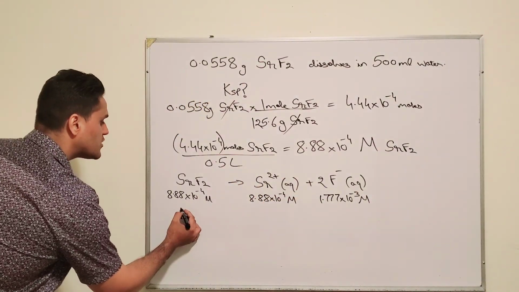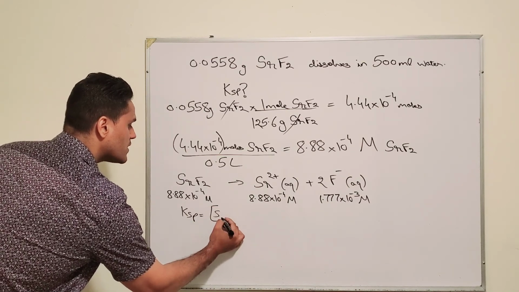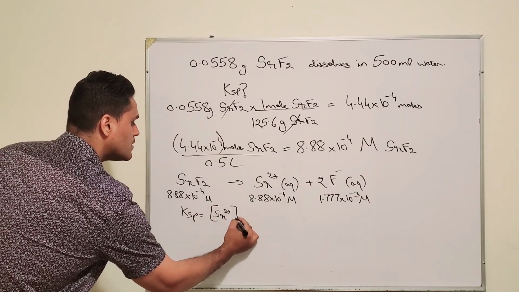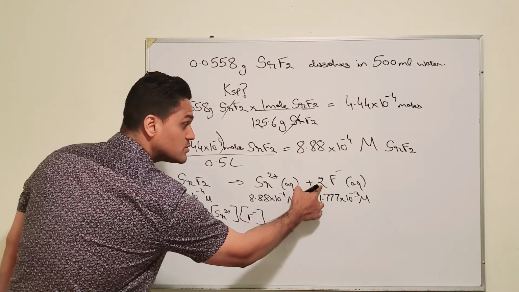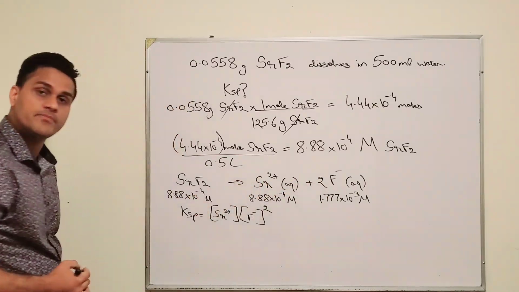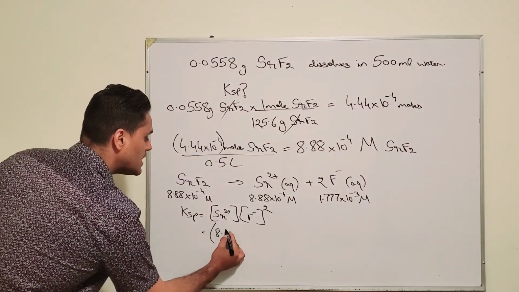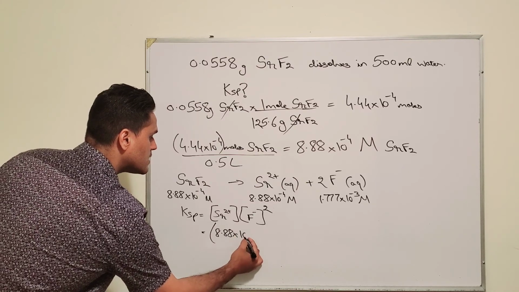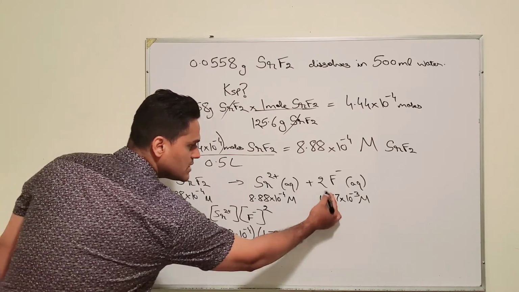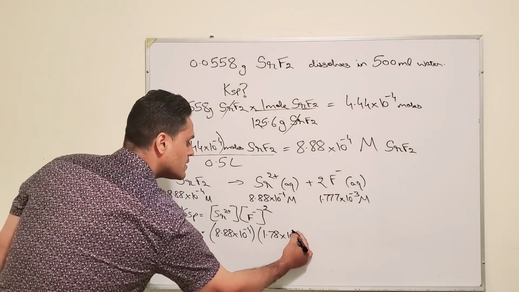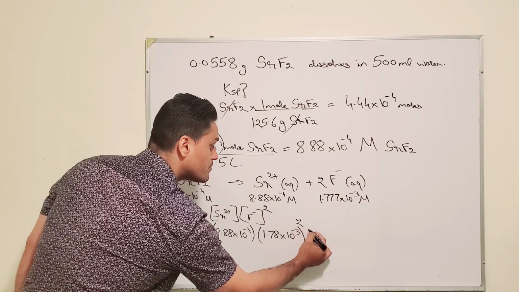We're going to write our KSP expression. That's just going to be concentration of Sr2+ times concentration of F minus. However, there's a 2 in front, that's going to become the power. You're going to plug in the numbers. So that's going to be 8.88 times 10 raised to the power minus 4 multiplied by 1.78, you can round it, times 10 raised to the power minus 3, but don't forget the square, folks.